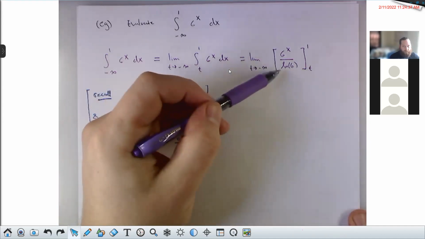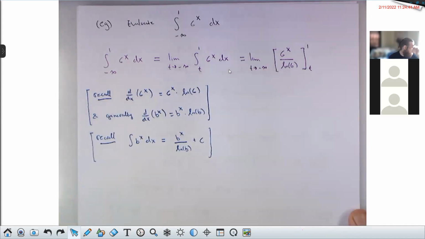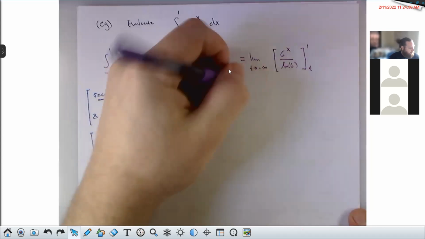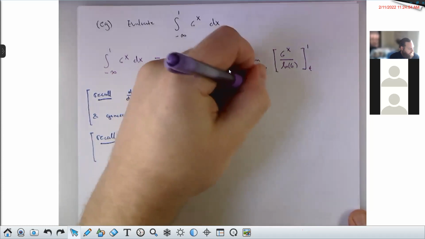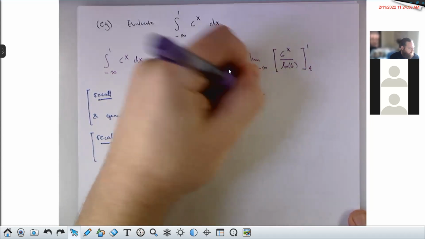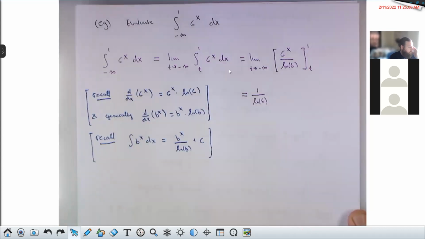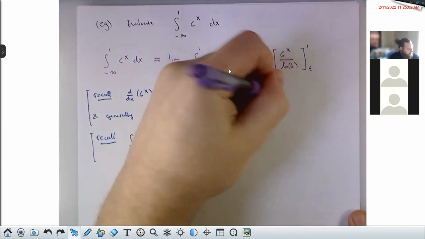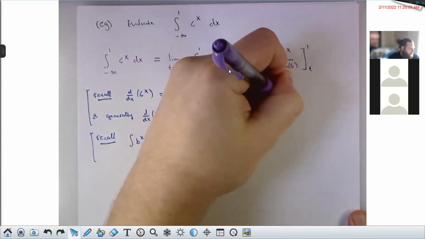The natural log of 6 is just a number, somewhere in the neighborhood of 1.8 or something like that. But it's just a number. And since that is a constant, it can come out. Just remember it's downstairs, so it's going to come out as 1 over the natural log of 6. And then we have left the limit as t goes to negative infinity.